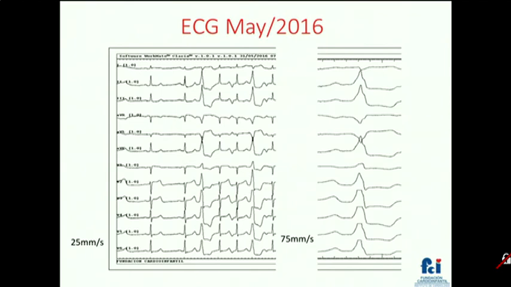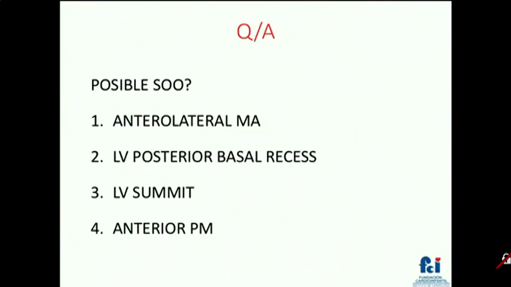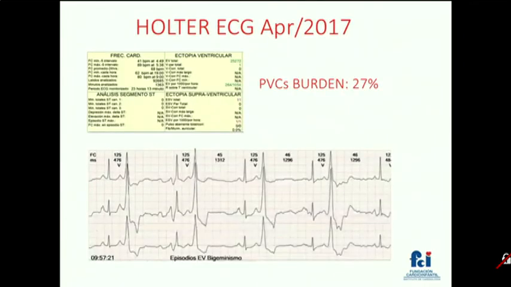This is the extrasystole for which she was taken to a procedure in 2016. The morphology is very similar. I'm going to skip the discussion of the site of origin to continue to comment on the case. At present, she has an arrhythmic burden of 27% with no sustained ventricular tachycardia documented.